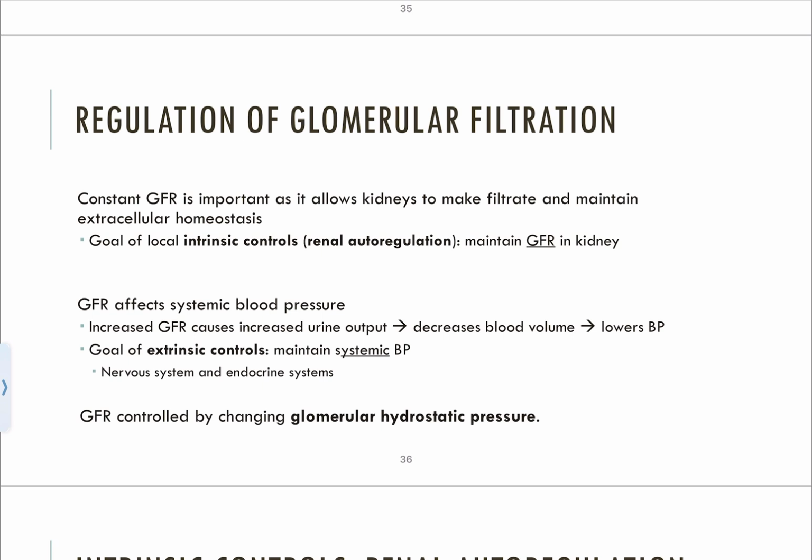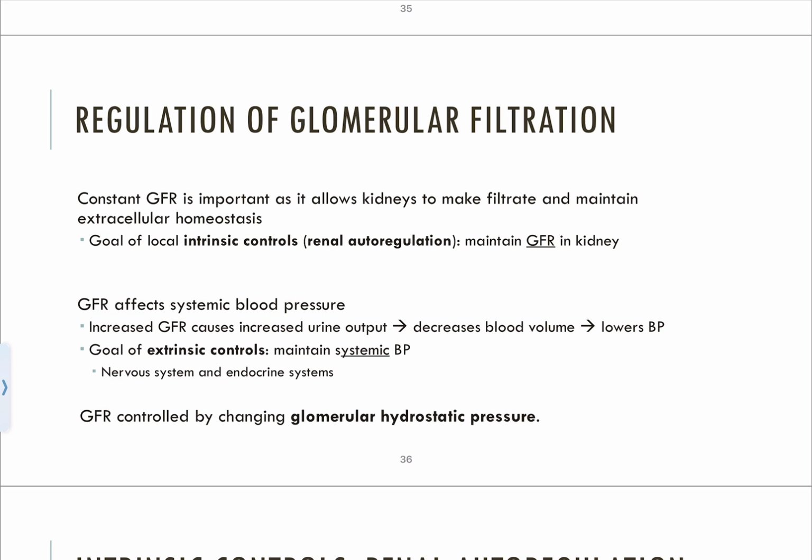So how do we regulate glomerular filtration? We want to keep a relatively constant glomerular filtration rate to make sure that our kidneys make the filtrate and help maintain extracellular homeostasis. The goal of the local intrinsic controls, which is also referred to as renal autoregulation, is that they act locally within the kidney to help maintain the GFR.